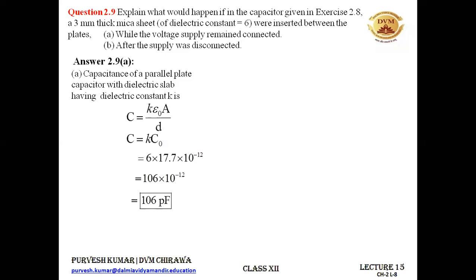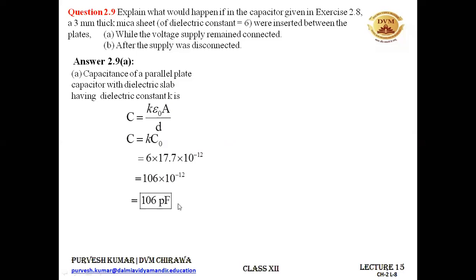When we have inserted the dielectric slab, the capacitance increases. It means now it has the capacity to store more charge. Earlier, when we had not inserted the dielectric slab, it stored a charge of 1.77 nanocoulomb. All right. But now it can store more charge.